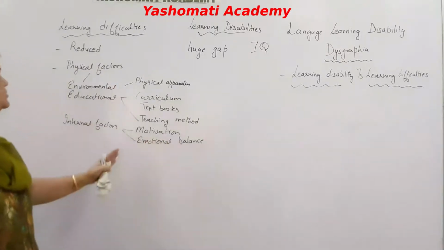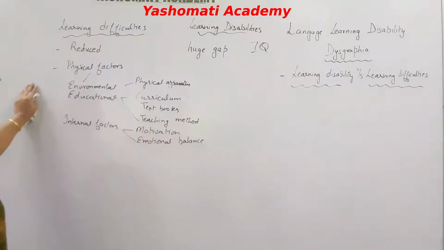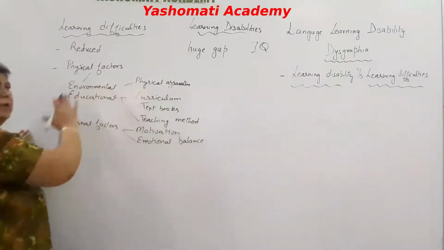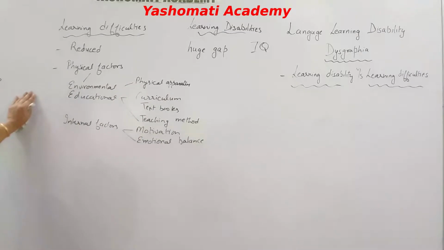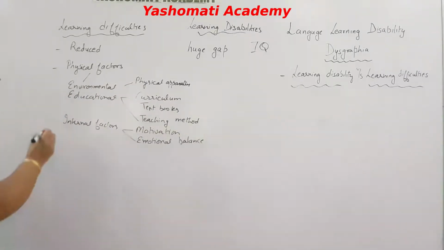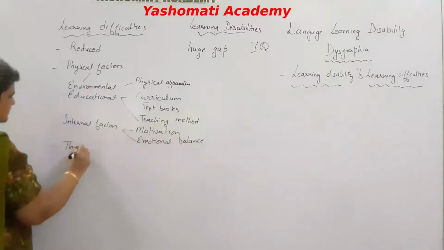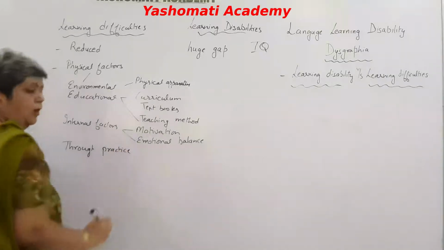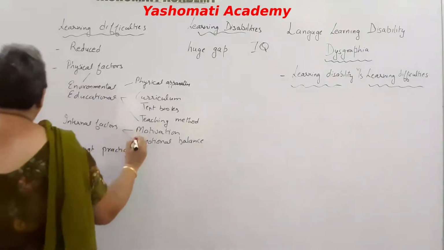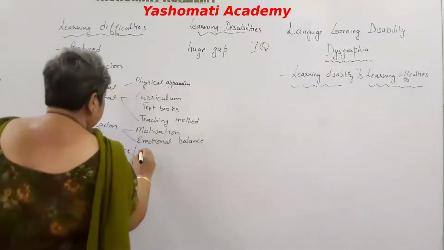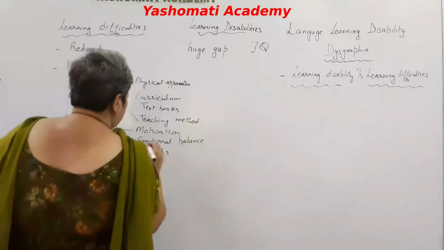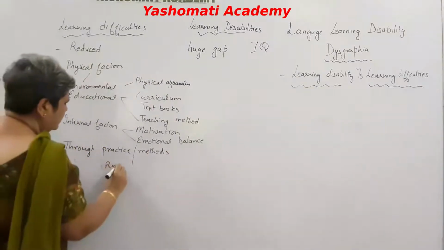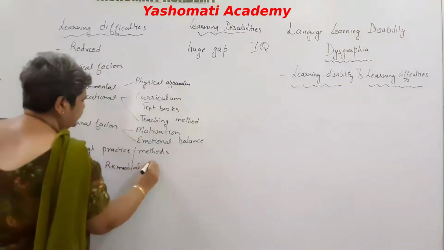So under these conditions also, the learner is not able to put up the proper output which we are expecting as per his IQ. These factors can be controlled very easily, and they are usually controlled by the teacher through practice, or by using certain changed methods, which is called remedial teaching.